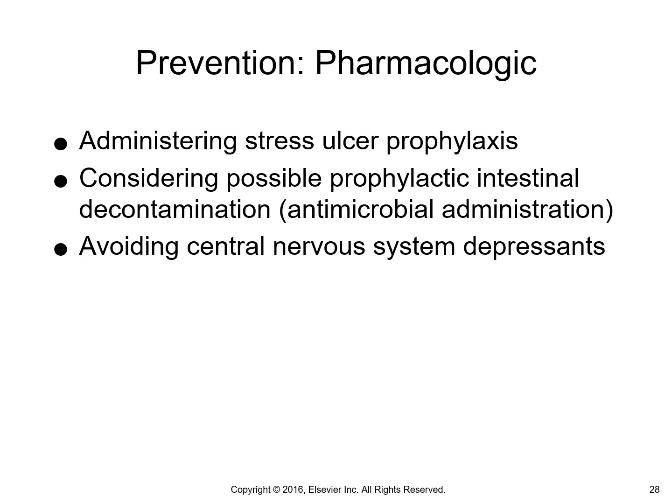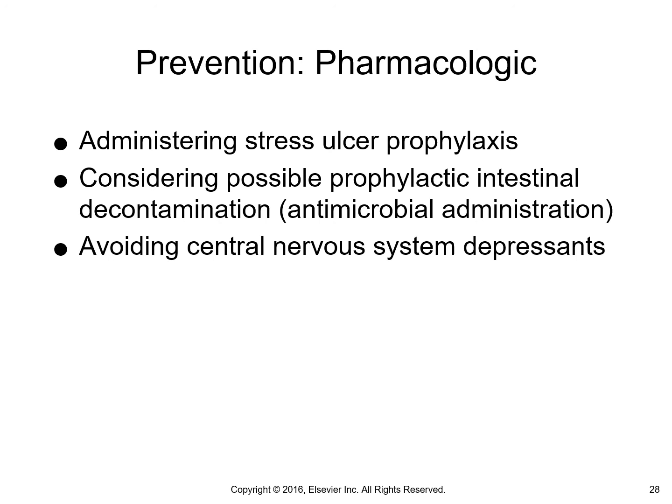Another thing, administering stress ulcer prophylaxis, considering possible prophylaxis, intestinal decontamination. Again, you have to be careful of multi-drug resistant patients. So we want to try to prevent this. Actually, we want to prevent administering stress ulcer prophylaxis because we don't want to change that pH of the gut.